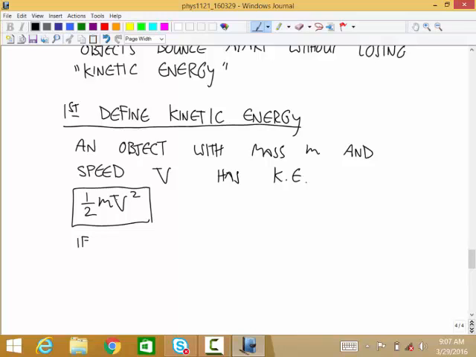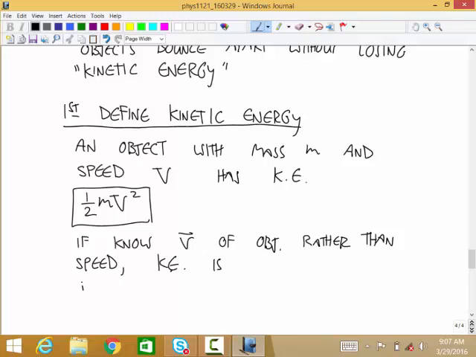If instead of knowing the speed, you know the velocity components, so if you know the velocity vector of the object rather than the speed, then the kinetic energy is 1/2 times the mass times the x component of the velocity squared plus the y component of the velocity squared.